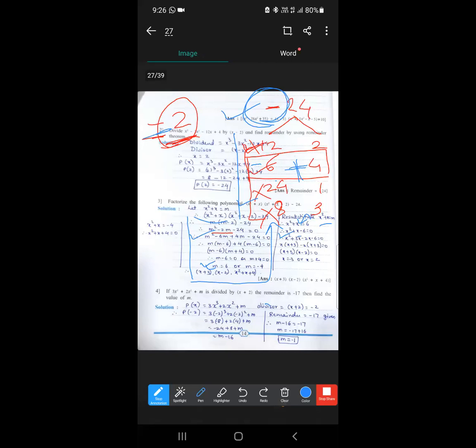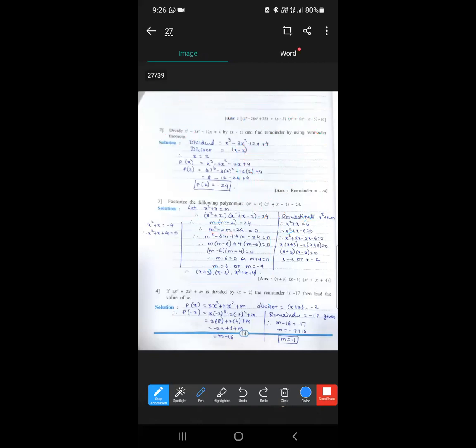Now here you can see the sign for the 6 is minus. So for the factors you select, you need to subtract so that you get the answer as the middle term. This is a quadratic equation, that is x square plus x minus 6.